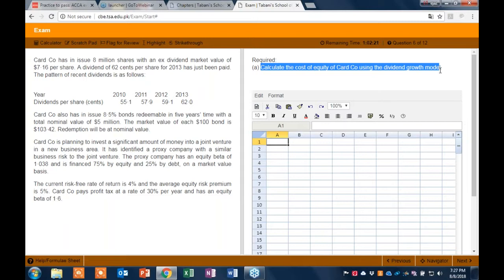When the company pays its equity holders, those who hold the shares of the company, that return is called cost of equity. When the company pays back its creditors who have given loans or debt to the company, that return is called cost of debt.